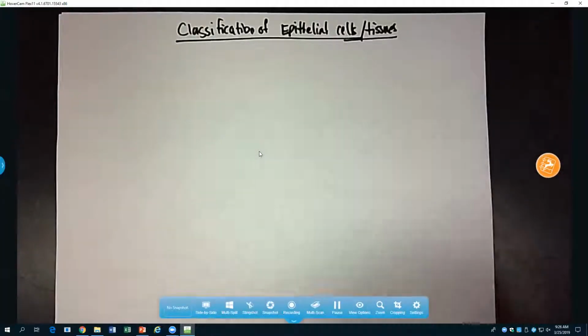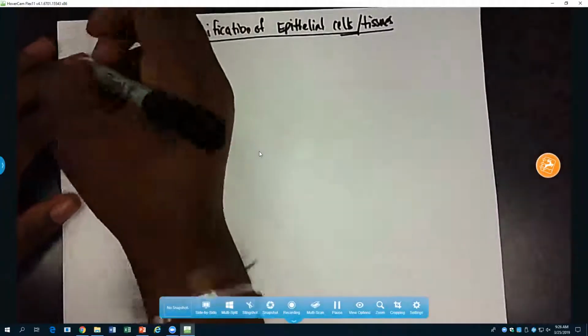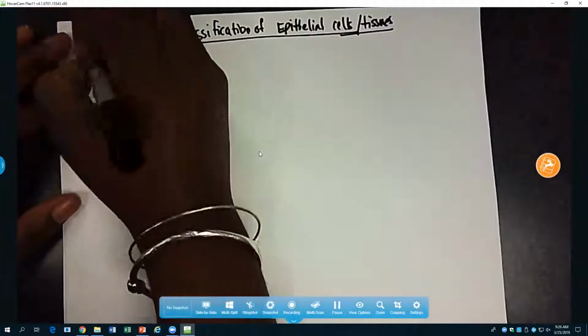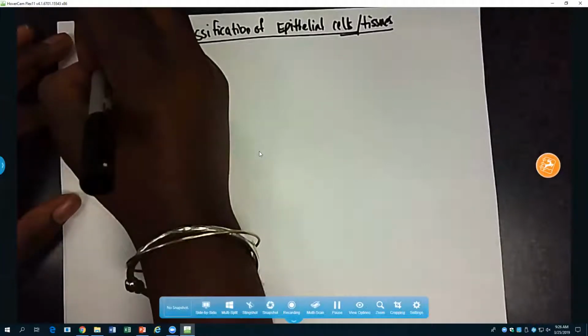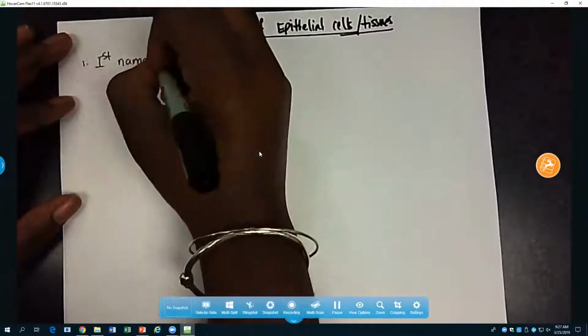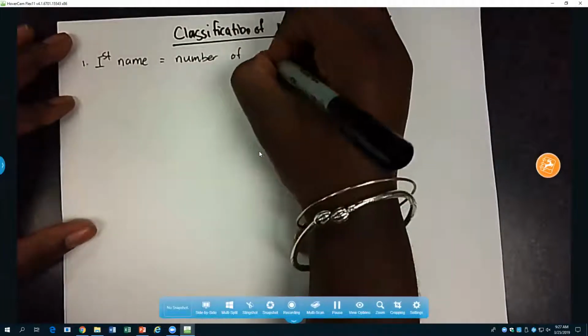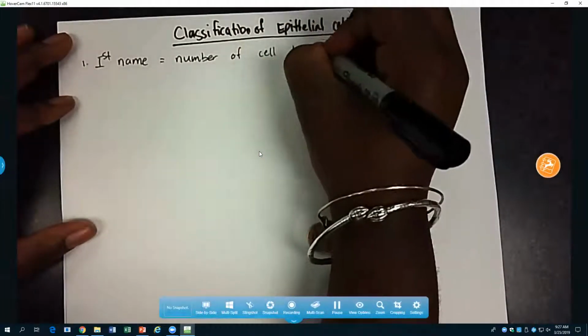The first thing we want to bear in mind is that the first name of the tissue is going to be the number of layers, right? So the first name is the number of cell layers.